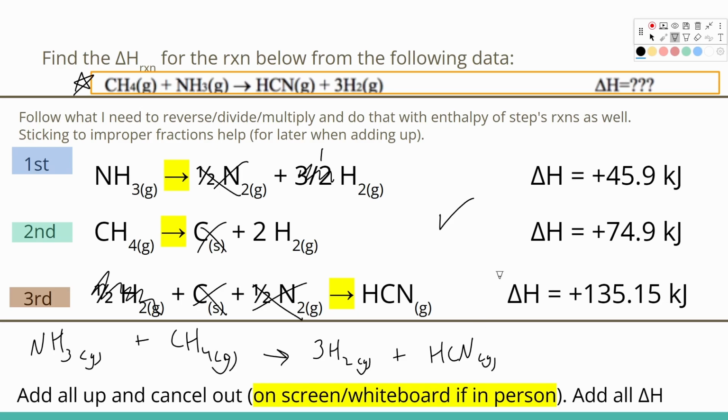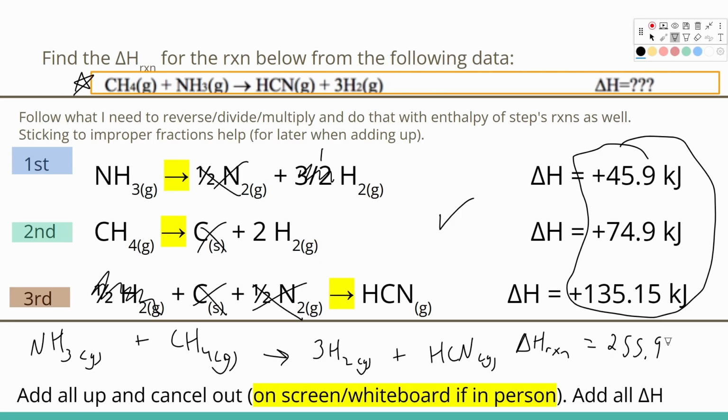So the last thing to do is get the delta H reaction. So delta H reaction is literally just adding up all of these. So when you plug that into your calculator, you add all those up, you're going to get 255.95 kilojoules per mole. Now, is there sig figs for delta H reaction?